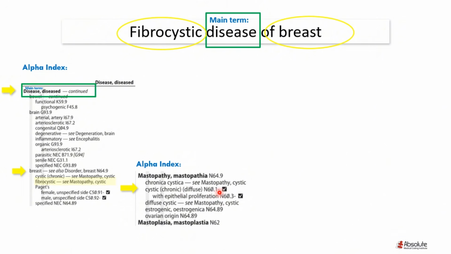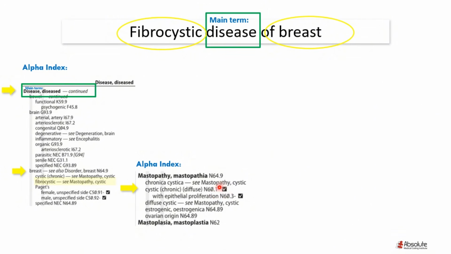N60.1. This is the code it's directing us to because cystic and fibrocystic are synonymous. Mastopathy, cystic. That's what our instructions told us to do. N60.1 is our code that we're going to look up in the tabular list.